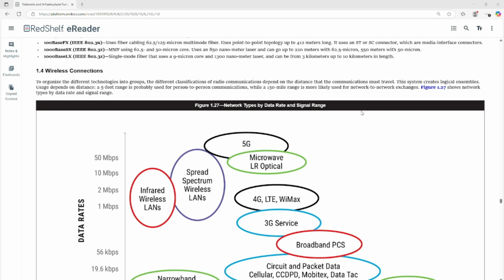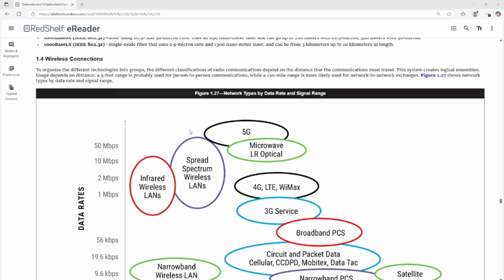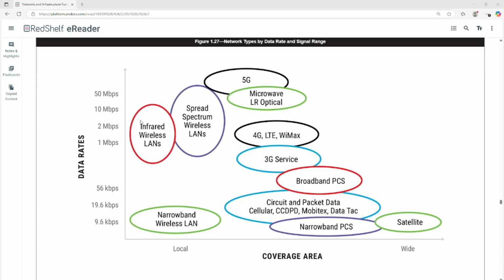So look at this diagram here. Figure 1.27 shows network types by data rate and signal rate. Narrowband wireless is very close and local. That's why we talked about those when we talked about narrowband. Closer but a little bit higher, infrared wireless. And 5G is right here, and that's where we are today.